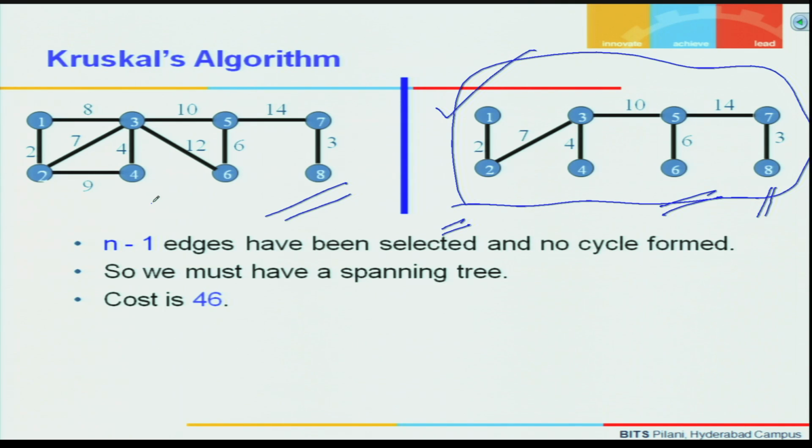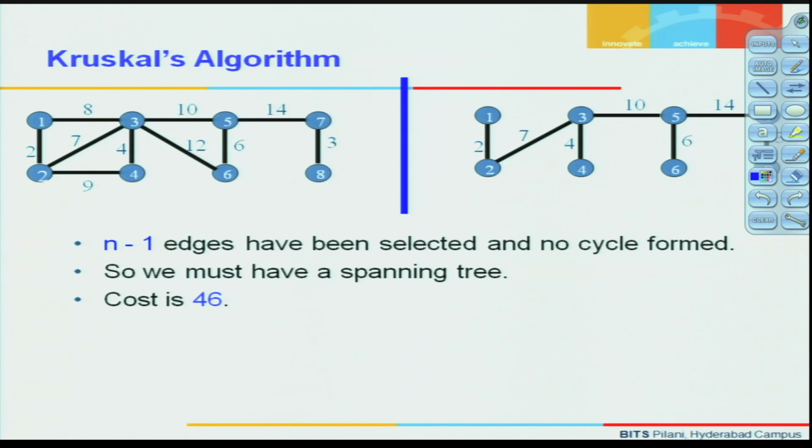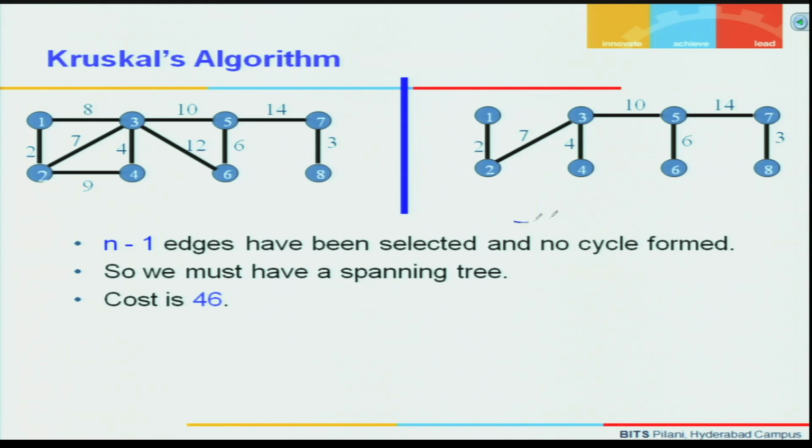The proof of the theorem that we spoke of can be found in books. In this case, if you ask me whether the minimum spanning tree that we have got is going to be unique or not, I'll ask the question: are all the weights of the edges of this graph distinct?